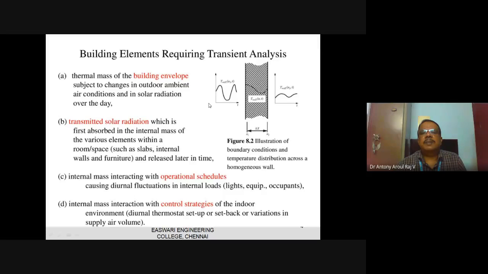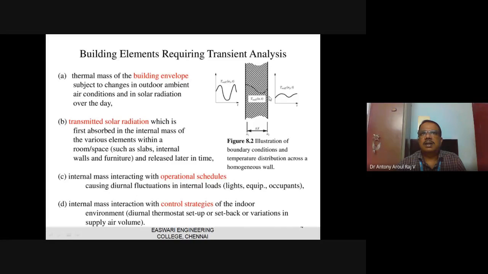What will happen if I give a varied temperature signal like this? At the output I'll have a damped signal like this. Here the amplitude is very high, and when it comes here the amplitude is smaller, and the peak also gets shifted depending on the heat capacity, m into cp.